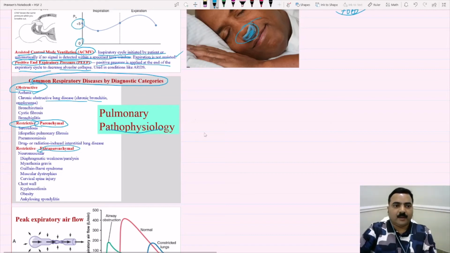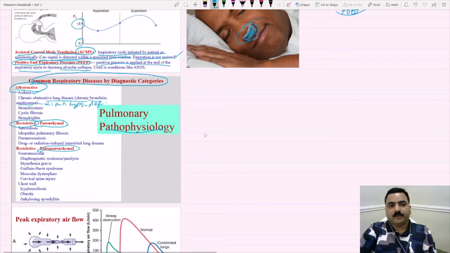For example, you can have emphysema alone in alpha 1 antitrypsin deficiency, without chronic bronchitis. Smokers normally get chronic bronchitis with emphysema.